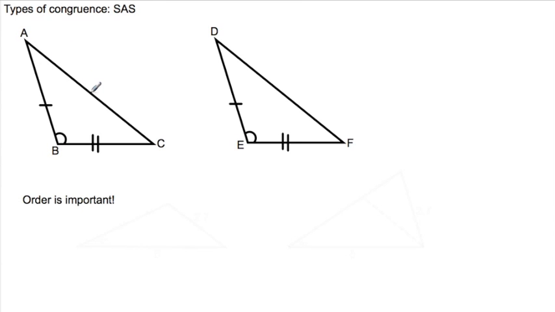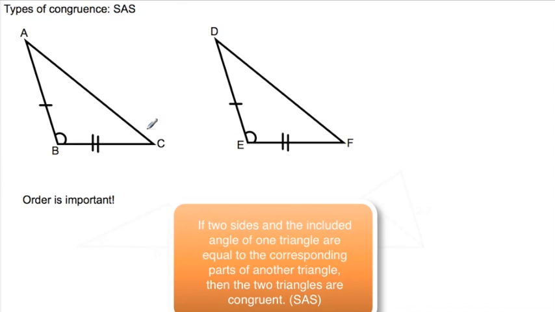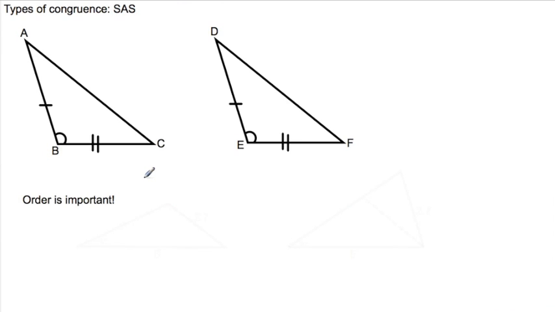Next, we have side-angle-side congruence. If two sides and the included angle of one triangle are equal to the corresponding parts of another triangle, then the two triangles are congruent. This is also known as the side-angle-side test.